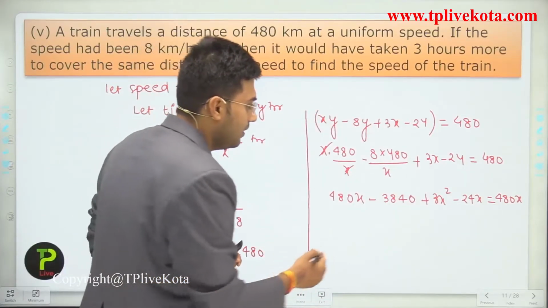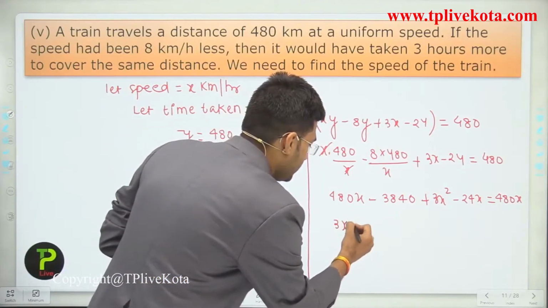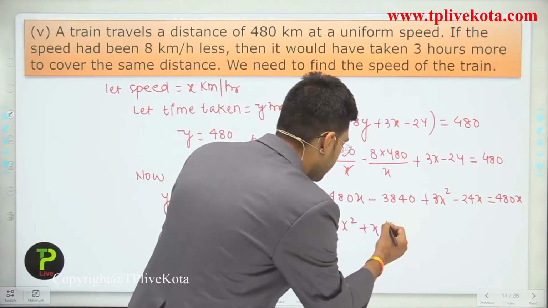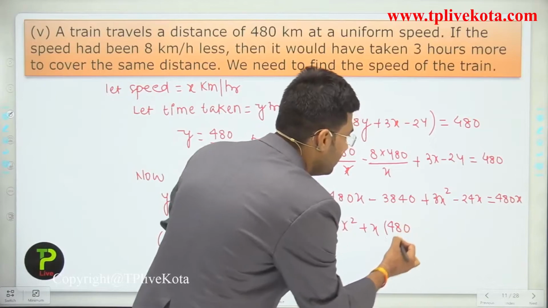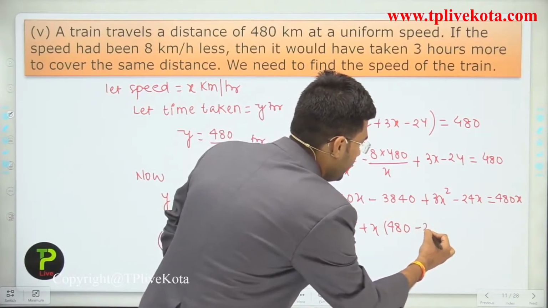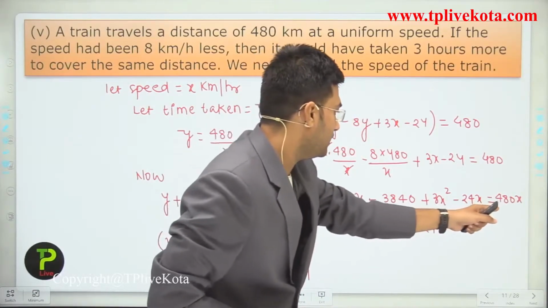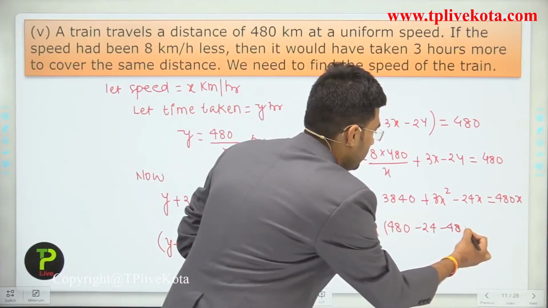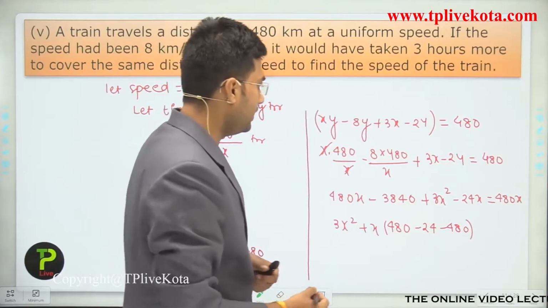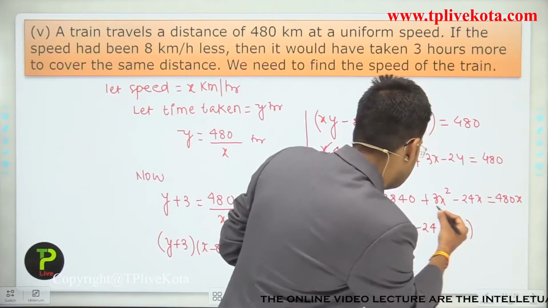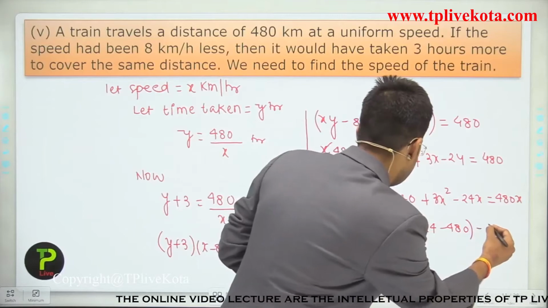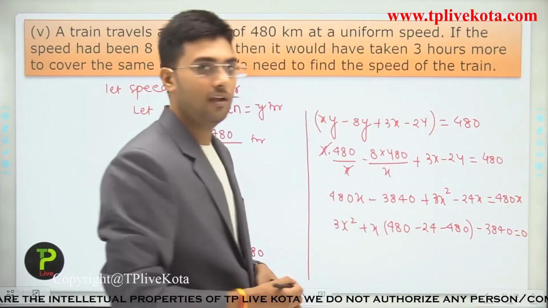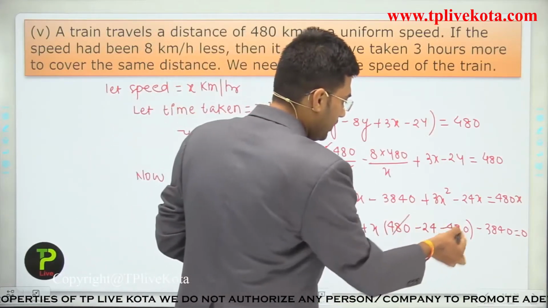Now it is equal to 3x square, and when we take x common, then it is 480 minus 24, and we can transfer this 480 here, so it is 480, and we have minus 3840 equal to 0. So this 480 and 480 cancel out.